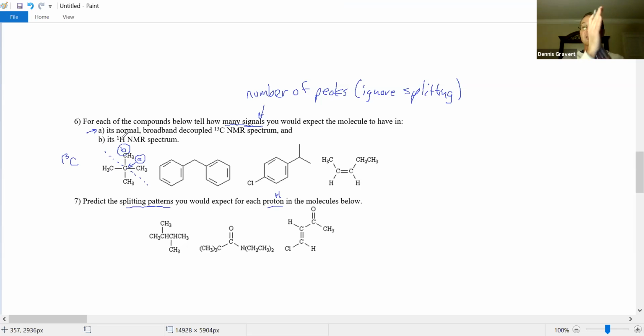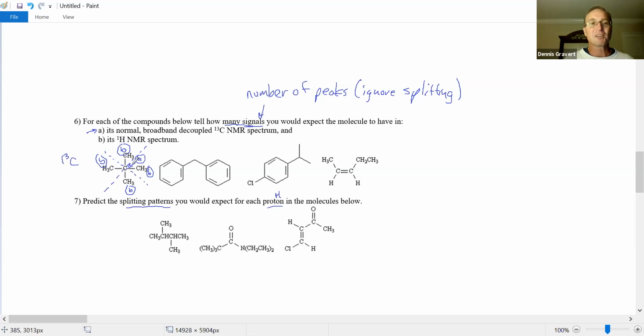And so it'll appear as though it's one big peak. So this carbon will also produce the same peak at the same position. They'll stack up on top and be really tall. There's also a mirror plane here, which means these two methyls are also equivalent. We have a total of 4.